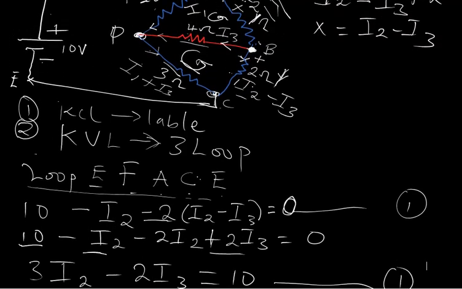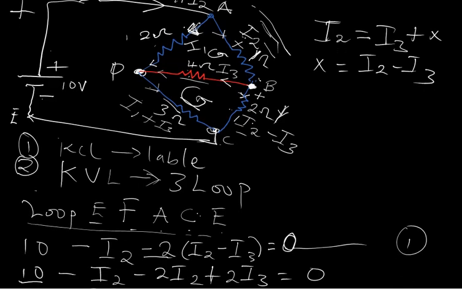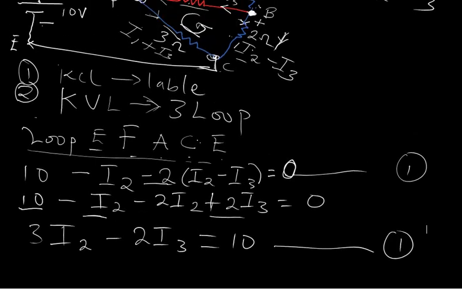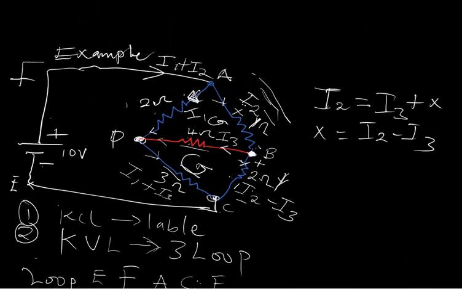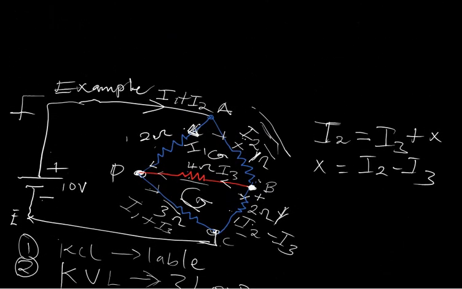So I have to look for another loop. This time around I can consider the loop A, B, D, then back to A. So let's flow.